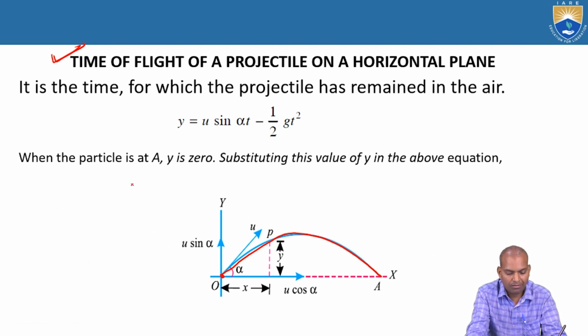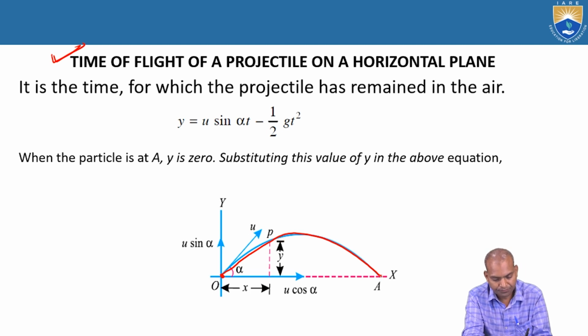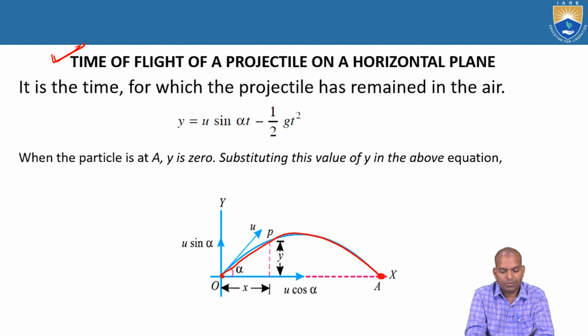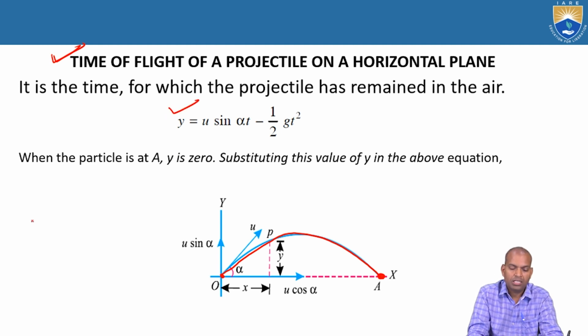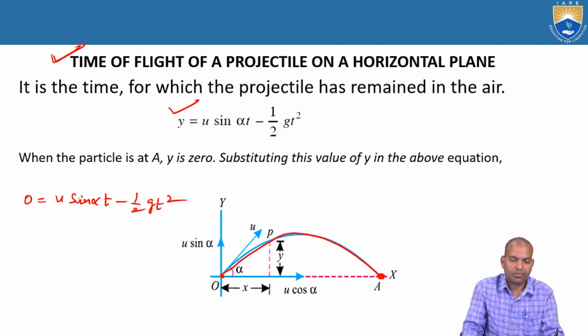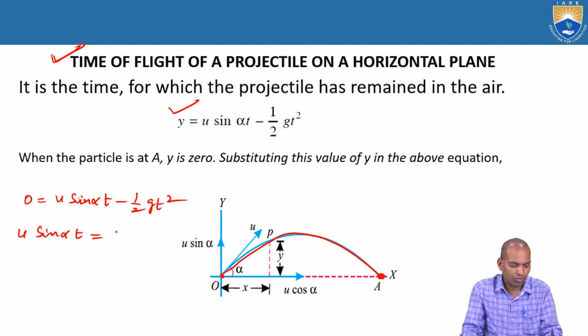Now, when the particle is at point A, what will happen? The vertical distance y becomes 0. Substitute y equal to 0 in this equation. That is 0 equal to u sin alpha t minus half g t square. So u sin alpha t equal to half g t square.